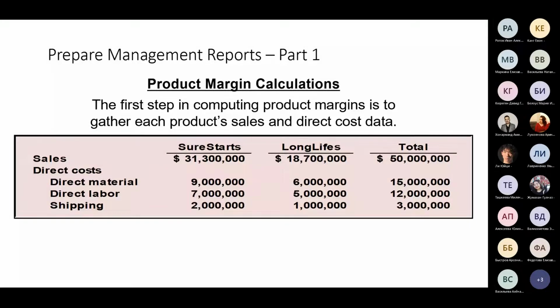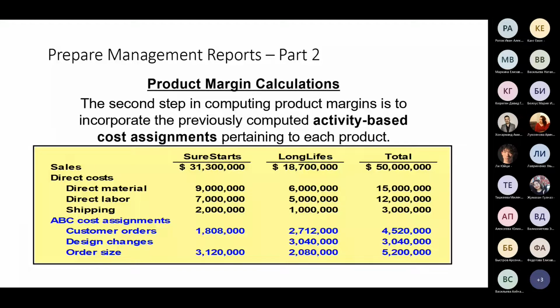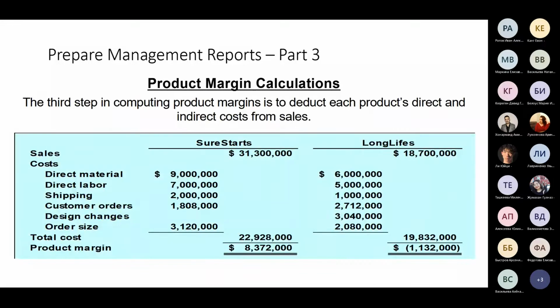Then we calculate it in details when we use activity-based costing to calculate the overhead value that should be included. When we apply all the costs, we can calculate the total cost and therefore subtract the total cost value from our sales and calculate the product margin.